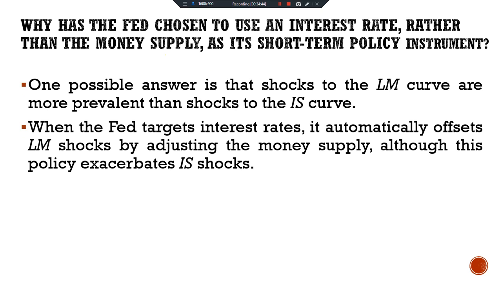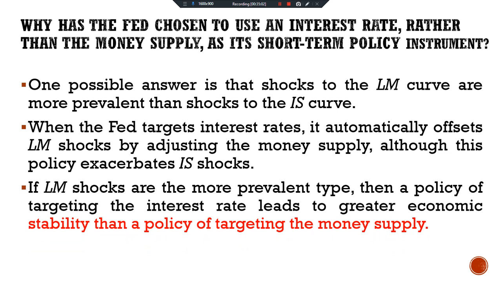When the Fed or central bank targets the interest rate, it automatically offsets LM shocks by adjusting the money supply, although this policy exacerbates IS shocks. So if LM shocks are the more prevalent type, then a policy of targeting the interest rate leads to greater economic stability than a policy of targeting the money supply.